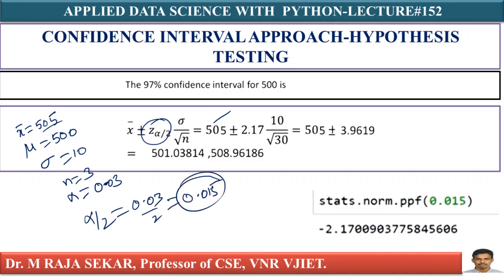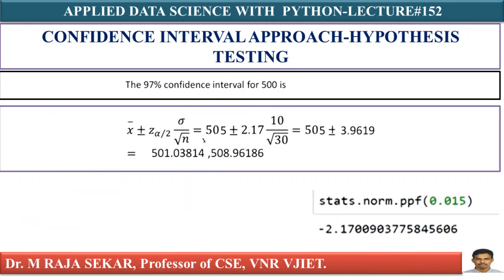You have to find stats.norm.ppf. On the left-hand side you will get minus 2.17, and on the right-hand side plus 2.17. That is z alpha by 2. Sigma we know is 10, n is the sample size 30. Then plus or minus: take minus first, this is the lower limit; take plus, this is the upper limit.